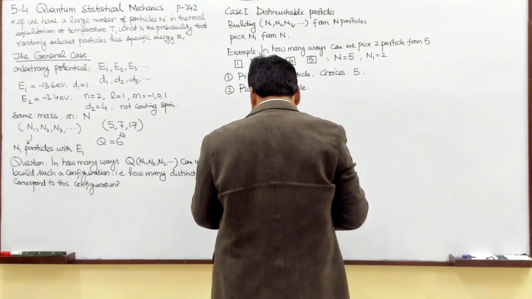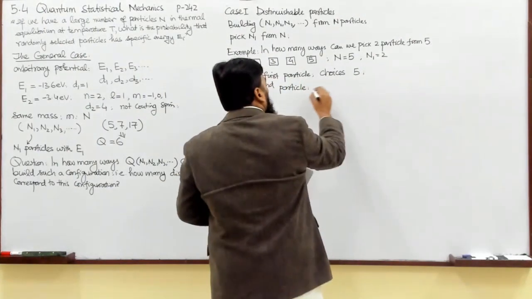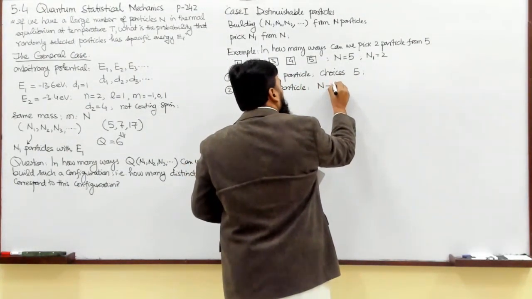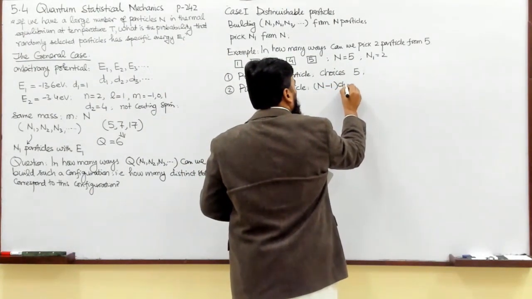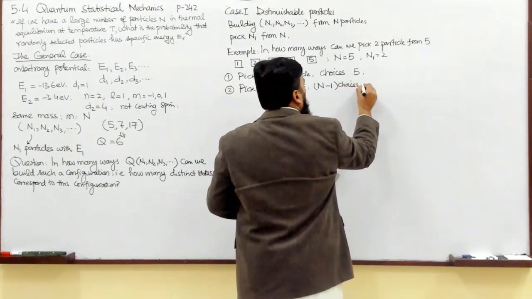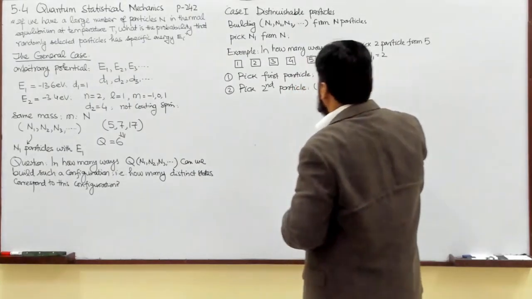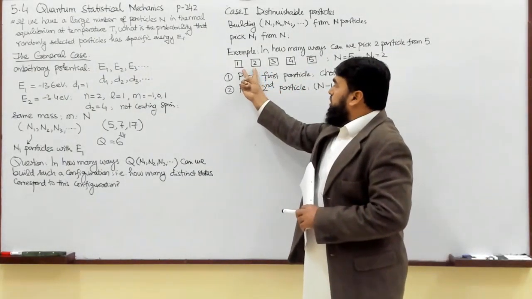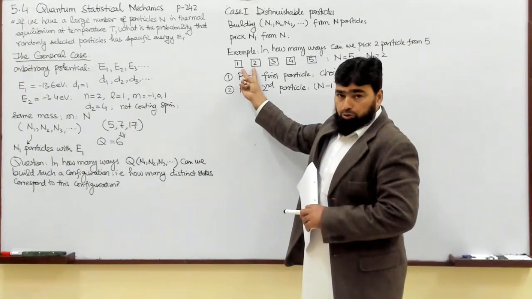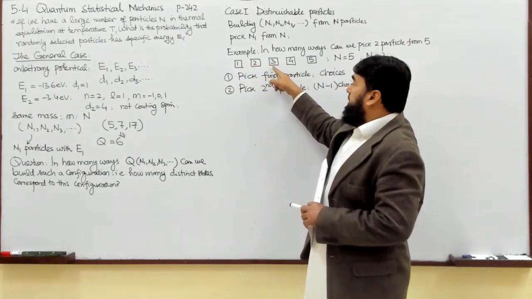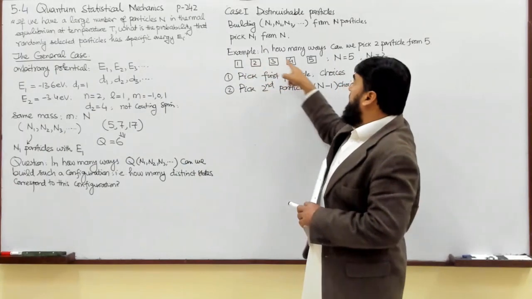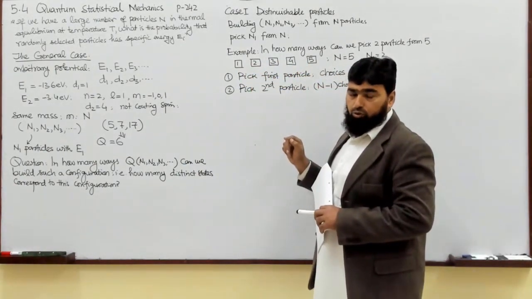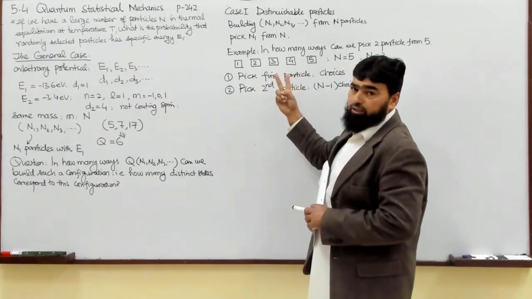I will have n minus 1 choices. That means I can pick 1 and 2, 1 and 3, 1 and 4, 1 and 5, so 4 choices.